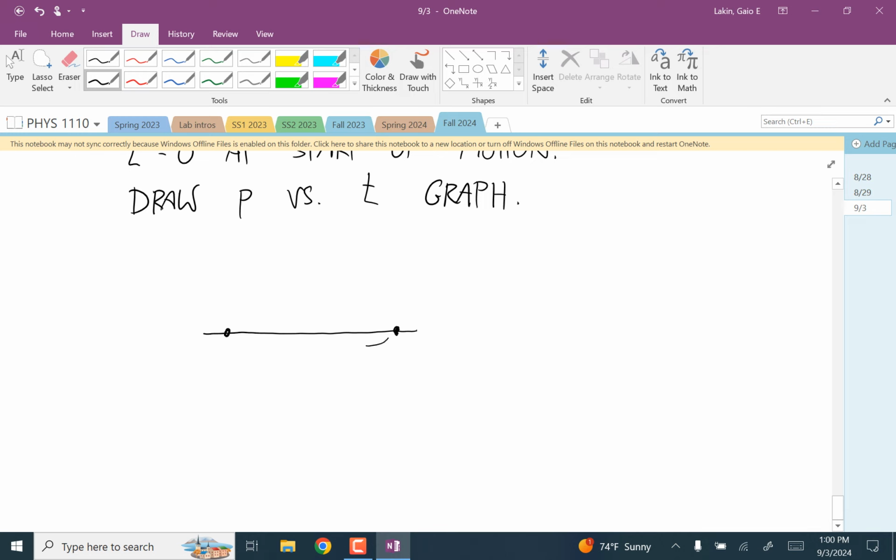And we know that the distance between these is 1/2 meter. And we know that the object starts here, rolls here, hits the wall, and comes back to here. And we know the first half of this trip takes 1 second, and the second half takes 1.5 seconds.